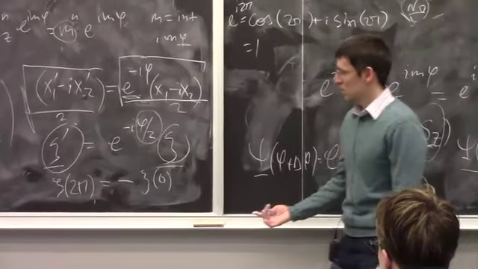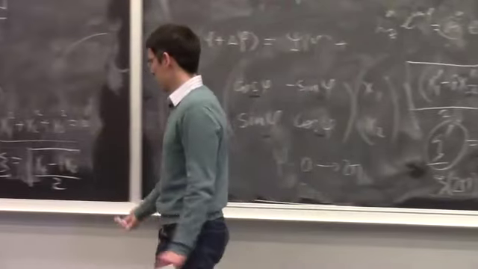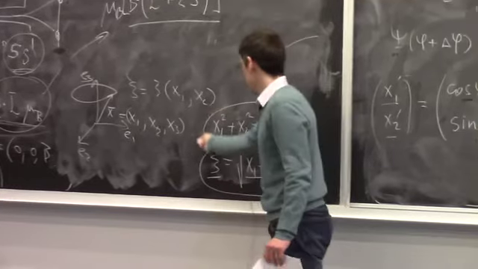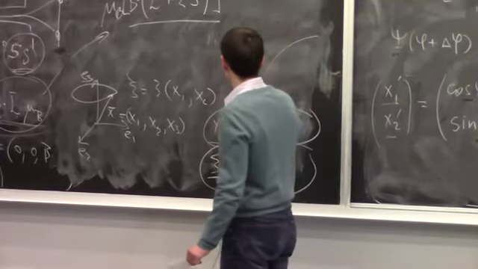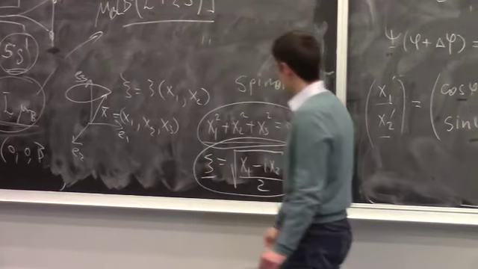So this is essentially the simplest mathematical object, this function, for the vector of this type, which is called a spinor. A spinor is what this object is called, right?